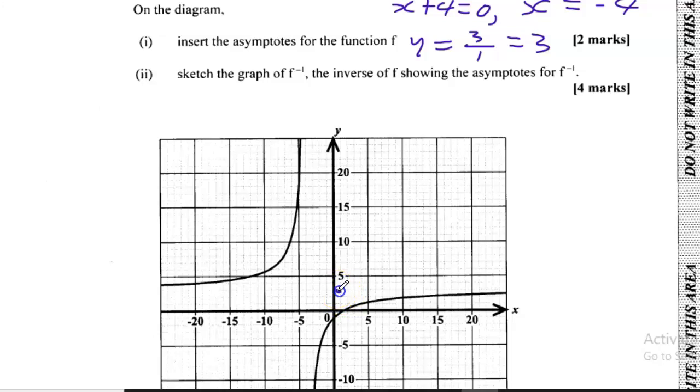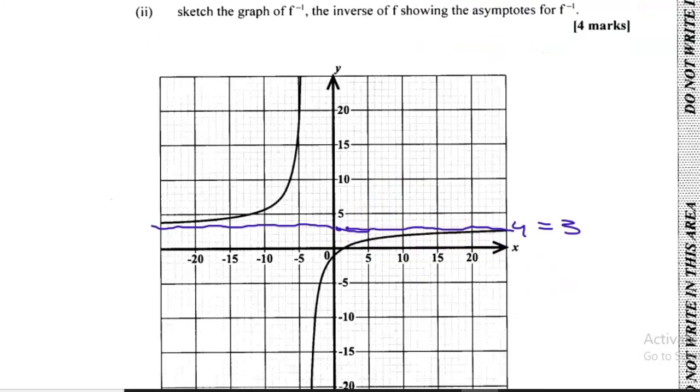And of course, you should use a ruler. Alright, notice the curve does not touch the asymptotes. Alright? It gets closer but doesn't touch it. So this is a straight line, y equal positive 3, and the other asymptote x equal negative 4.